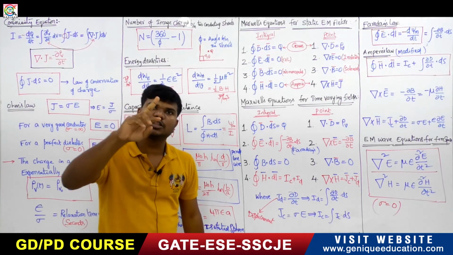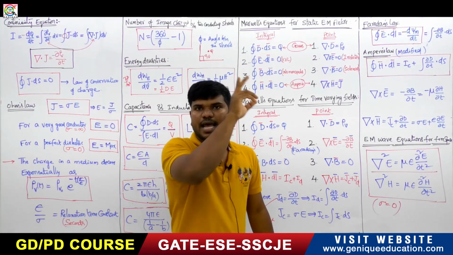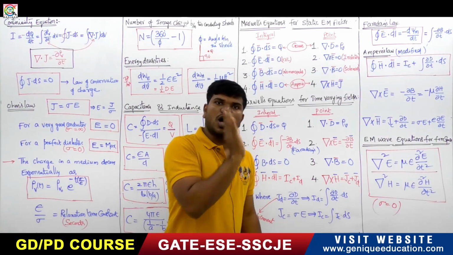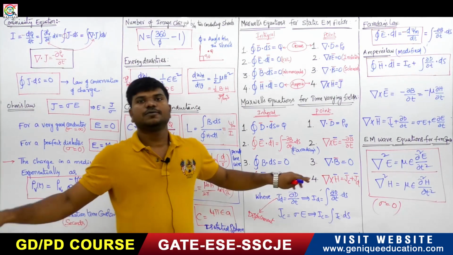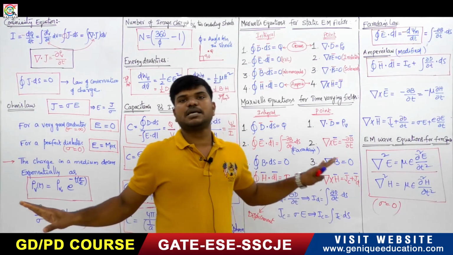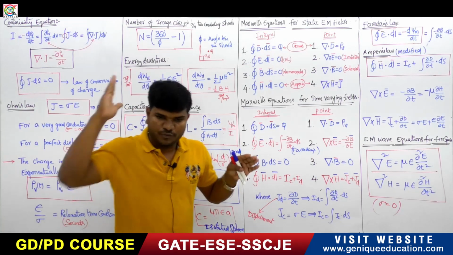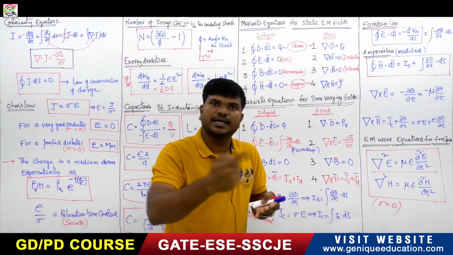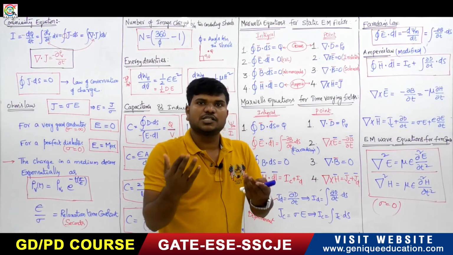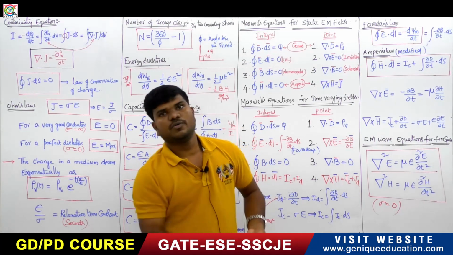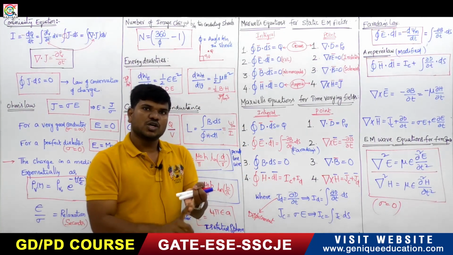North pole and south pole will exist together. North pole and south pole cannot be separated physically. If you break one bar magnet into 100 pieces, you will get 100 north and south poles. That is the meaning.